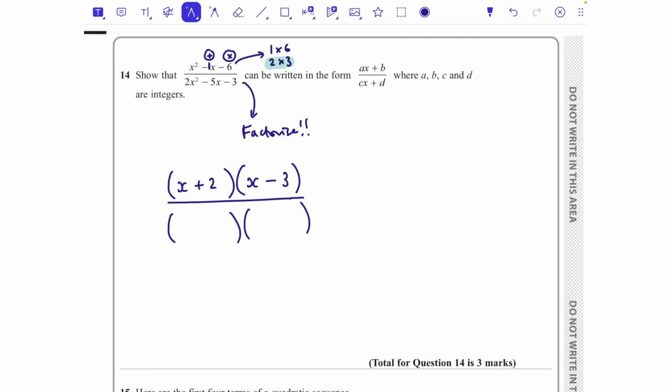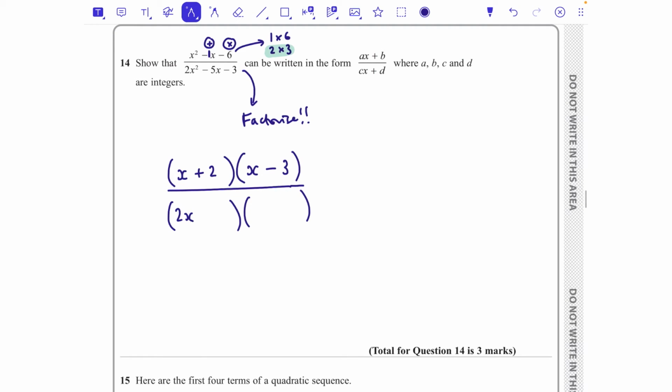And then for the denominator, I know it's going to be 2x and x, because it needs to multiply to make 2x squared. And I know to times to make minus 3, it has to be 1 and 3. Now, if it's going to be 1 and 3, it's going to have to be this way round, because I need a matching bracket, and that wouldn't happen otherwise. So I know this one's going to be minus. So I've got 2x squared minus 6x, that's going to be add 1x, minus 3. So I've just trial and errored that.